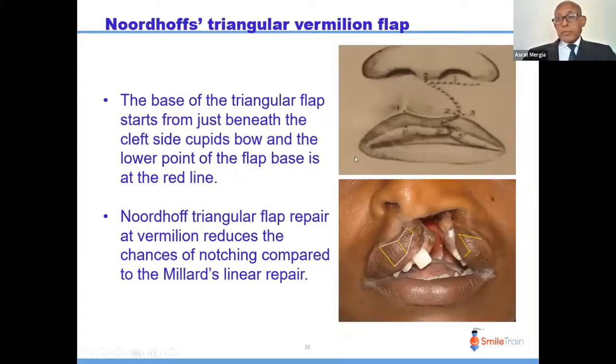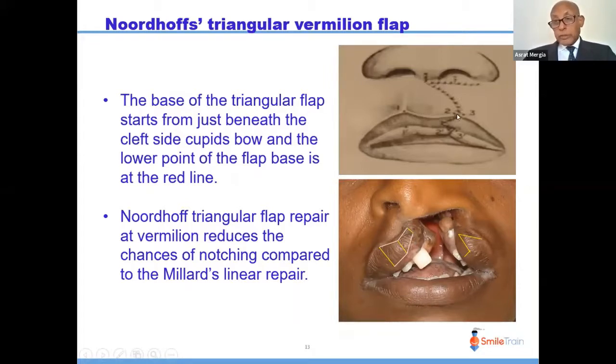Some of the drawbacks I saw in the Noordhoff flap: its flap starts from the white border here, and the triangular flap base is this big. This is bigger than the deficiency. The deficiency, if you see here, is only this amount to make it symmetrical on the other side. So it's not starting from zero.